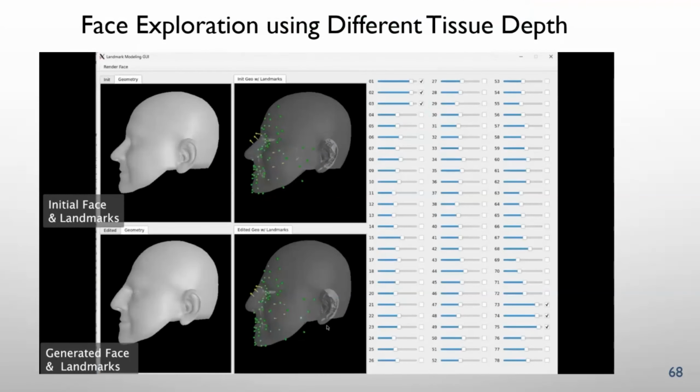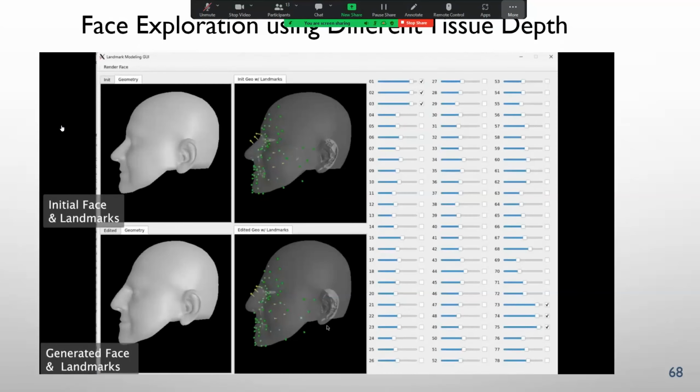Now we get a new face where the nose region grows. So basically, we show that we can effectively allow the users to adjust one or two tissue depths, and then propagate this to the other face regions, and then we'll be able to explore the face space.